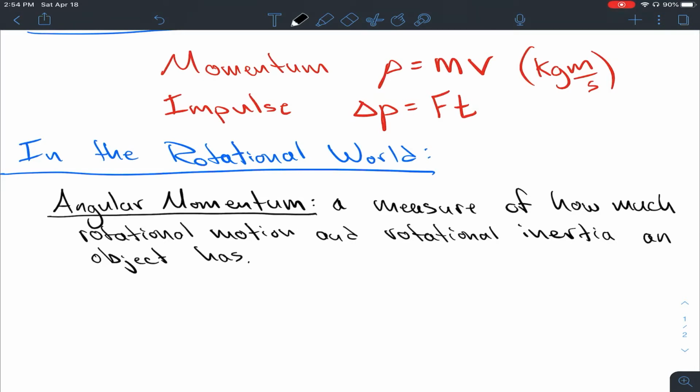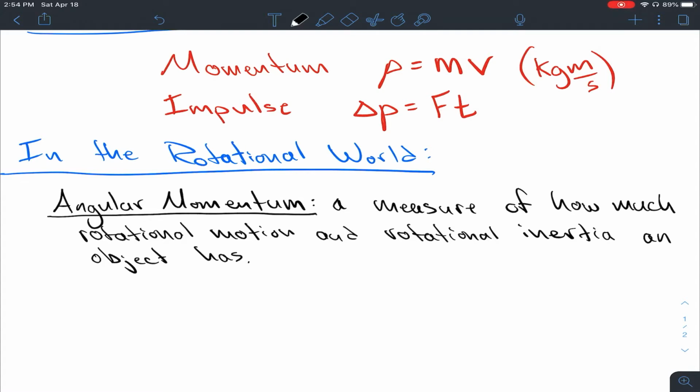Awesome, that's angular momentum. And so with linear momentum, it was mass times velocity, right? Well, when we talk about things moving in circles, inertia isn't directly just mass anymore. When things are moving in straight lines, our mass and our inertia are, I always said, like stepbrothers to each other. They're very, very similar and they're kind of directly related.